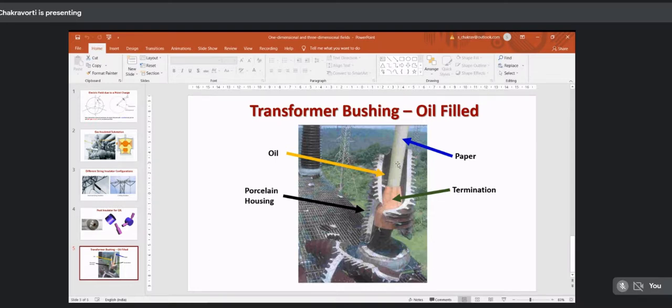And then we have a slight pink colored conical shape. What is this? This is very interesting. This is called the termination. If you just bring that paper, which is the cylindrical one, straight in, you have to understand one thing: this is going through the transformer tank, and the transformer tank is at zero potential.